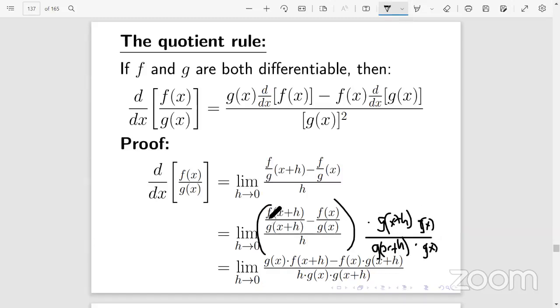If you take the first term, the g of x plus h will cancel, so we will be left with f of x plus h times g of x. Looking at the second term, the g of x will cancel. We're left with f of x times g of x plus h. Then this g of x plus h in the denominator, multiplying it with this h, will just be h times g of x times g of x plus h.